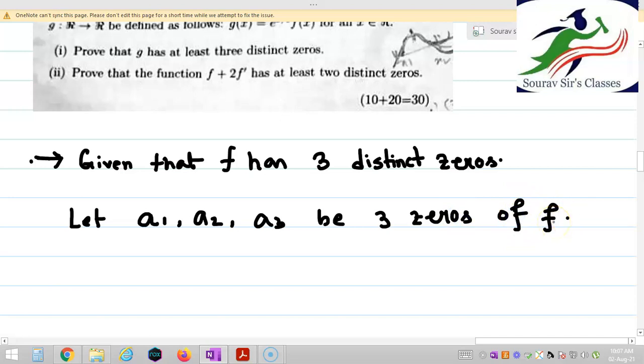Now a1, a2, a3 are real numbers, and we know that R is a complete ordered field, so there is an ordering between a1, a2, a3.